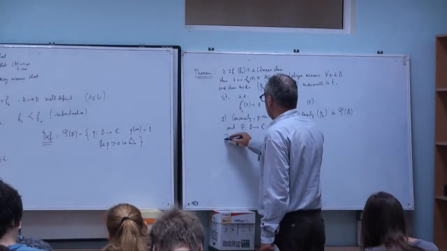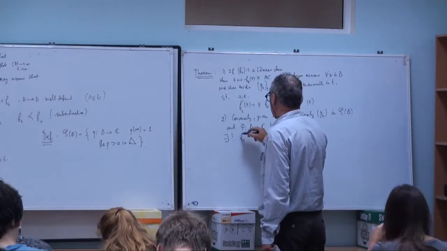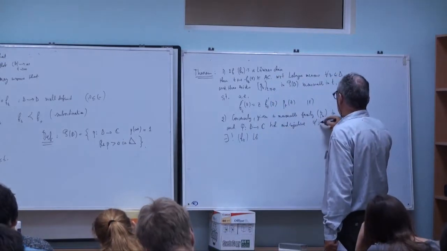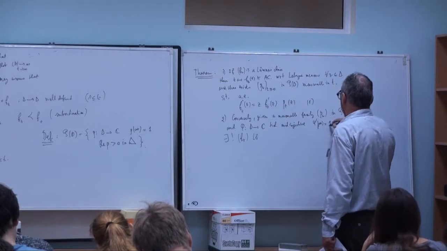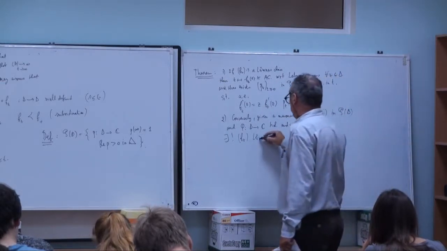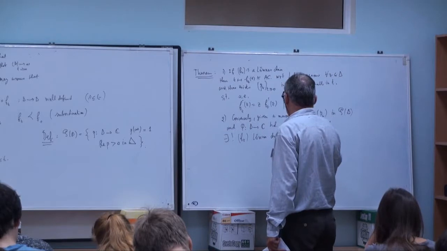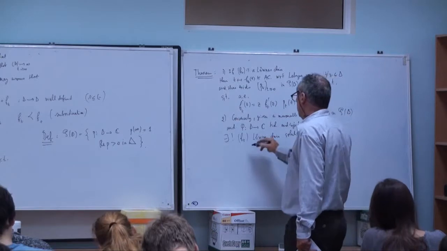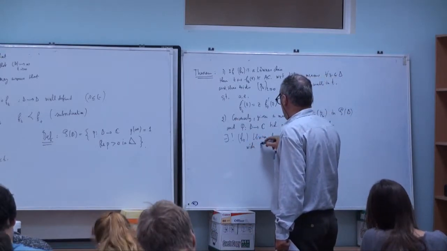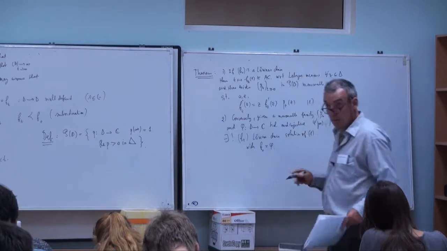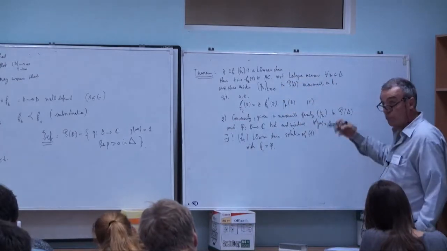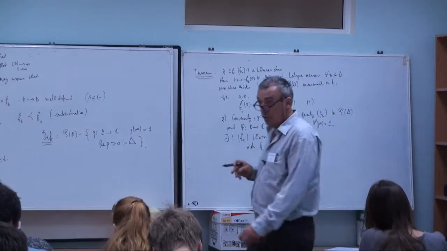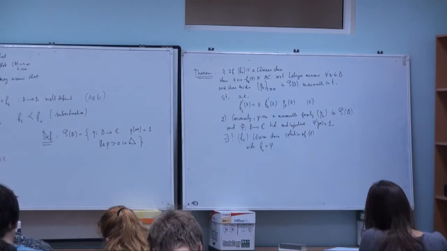Then there exists a unique family f_t, which is a Loewner chain, holomorphic and injective with phi prime of infinity equal to 1, solution of 1 with f_0 equal to phi. So we can solve this equation with boundary value f_0 equals phi.